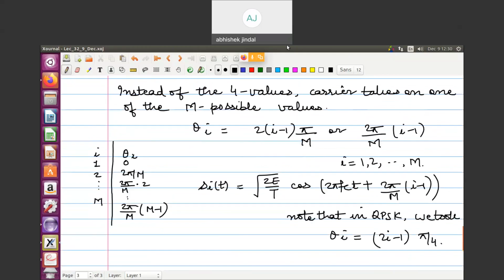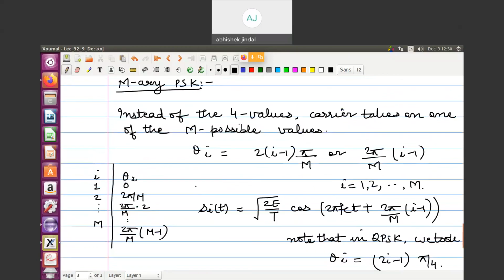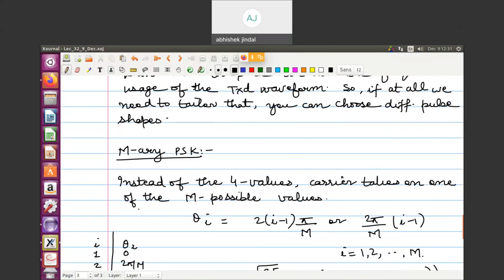Now if I set M as 4 here, and try to derive the equivalence with the QPSK which I have studied, the 4-ary PSK is nothing but QPSK.